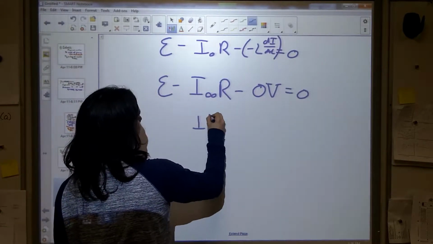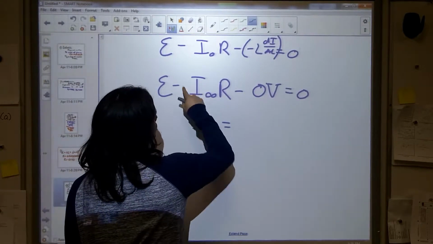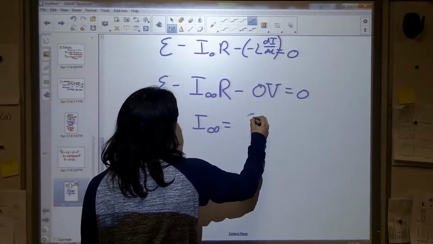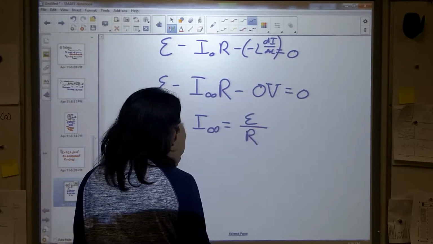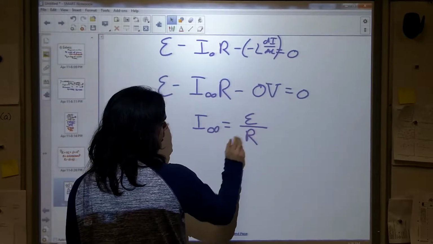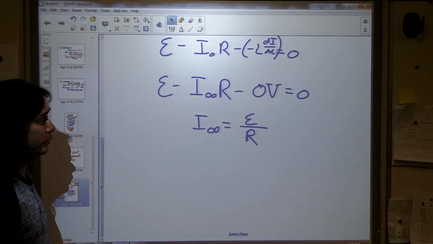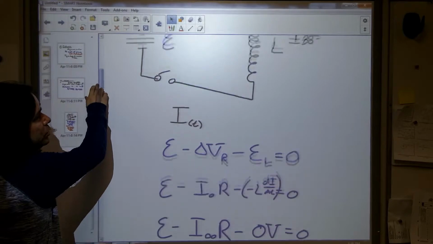With this, we can find that I infinity is going to be equal to, adding that over to the other side and dividing by R, the potential difference across the battery divided by the resistor value. That'll be somewhat useful later.